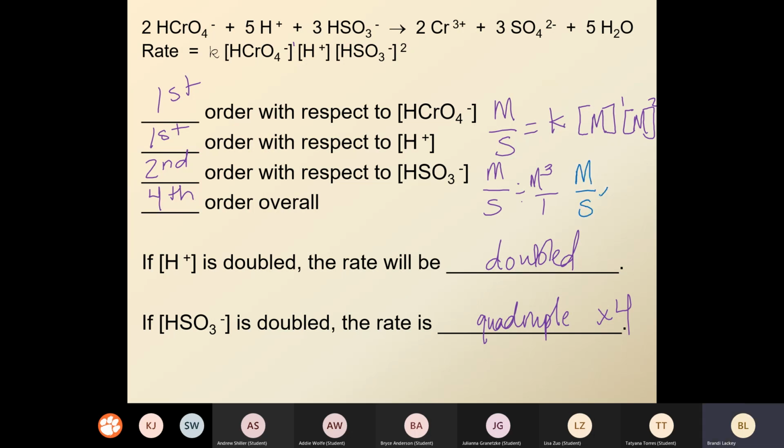You change it to where you're multiplying by the inverse. The molarity cancels with one of these, so you have the 1 over seconds and molarity squared as our unit, which you can leave like that. But if you don't want to do it as the 1 over, just remember that the exponents can be negative, showing that they're on the bottom of that fraction.